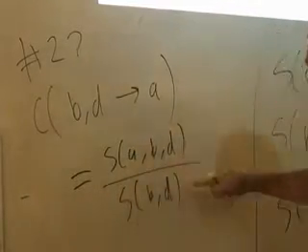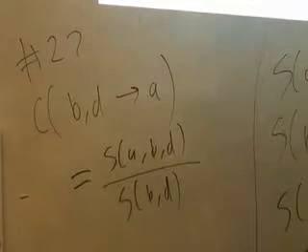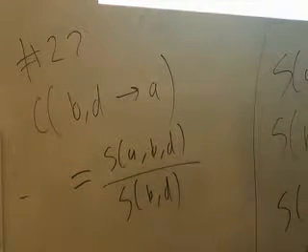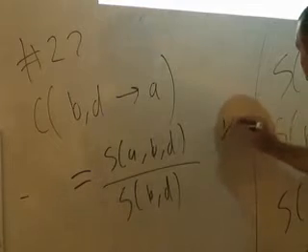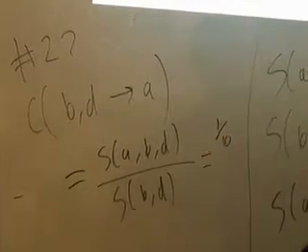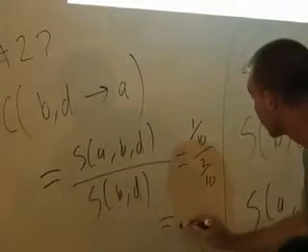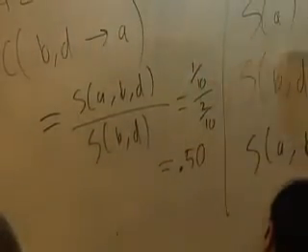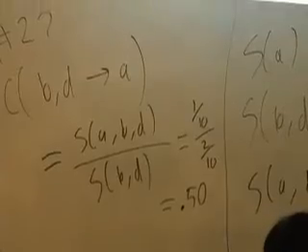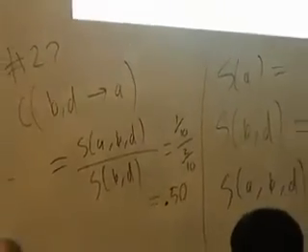Out of all those that contain B and D, how many also contained A? And so the top here is 1 out of 10, and the bottom here is the BD, 2 out of 10. So this rule, we would say, has confidence 50%, 0.5, 1/2. So half of the transactions that contain BD also contain A. That's what's called the confidence of the association rule.